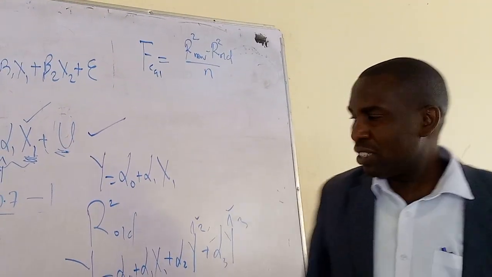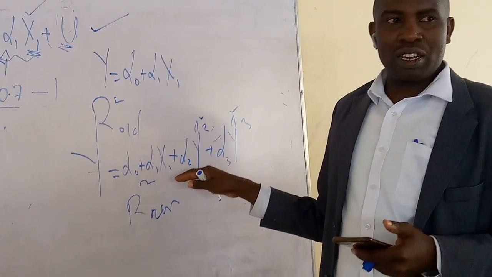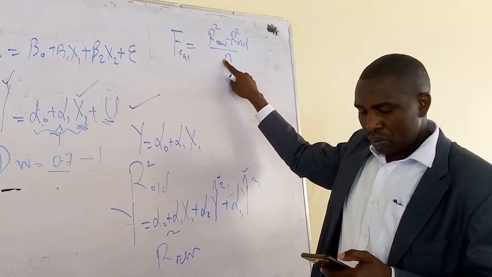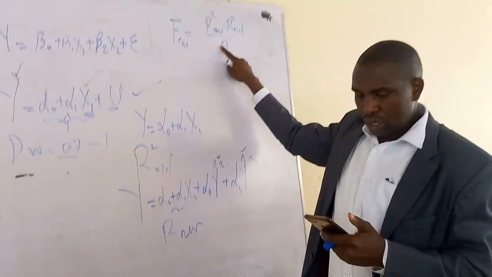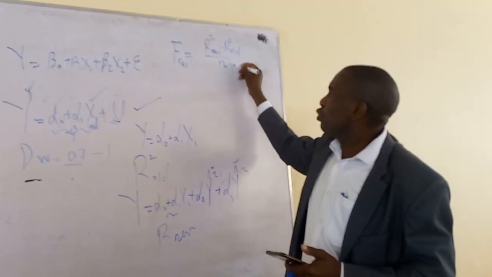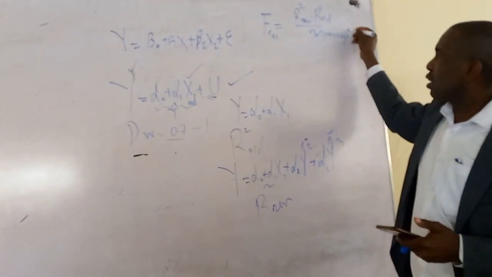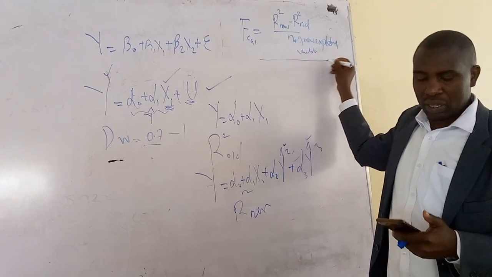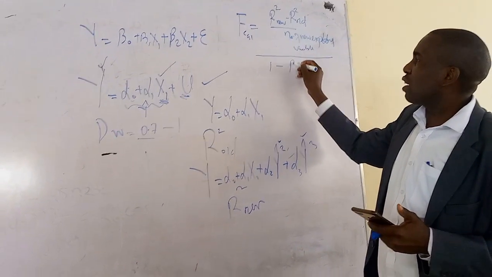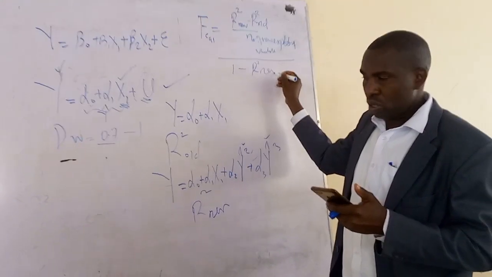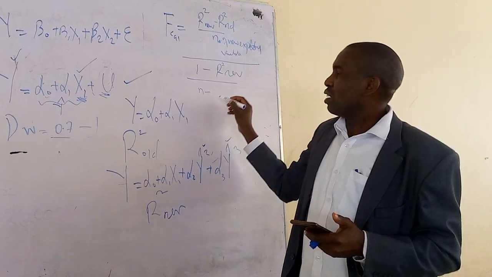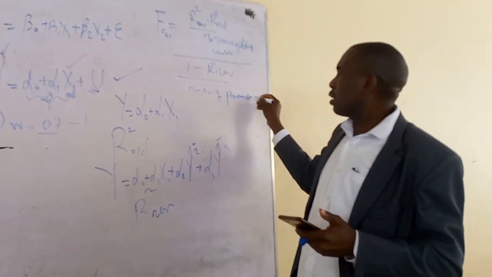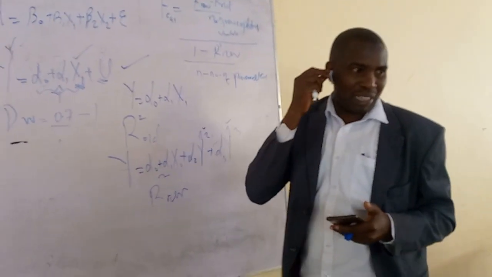In this case, n is the sample size, and this one we can call the number of new explanatory variables, over 1 minus R squared new, everything over n minus the number of parameters in the new model. Are we in agreement there?